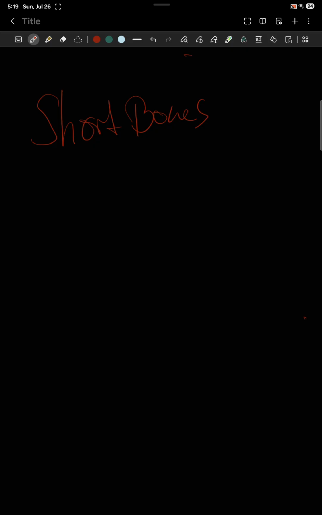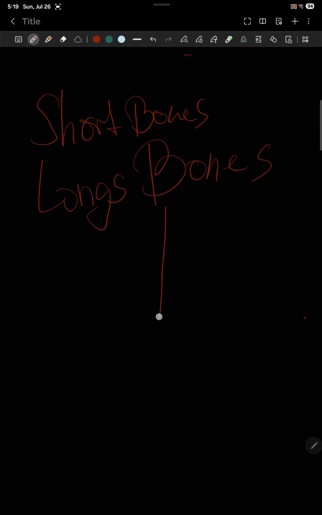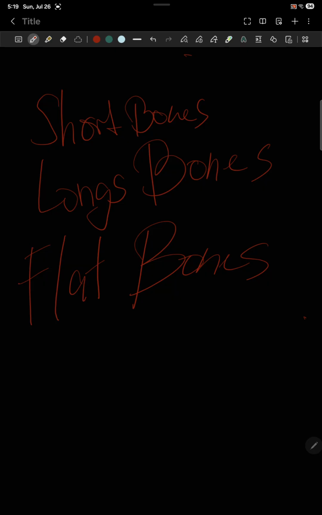Okay, long bones, of course, are the bones of our limbs, long bones. I will discuss long bones after this. Then next we have the flat bones. Examples of flat bones are the sternum, which is our breastbone, and our skull.